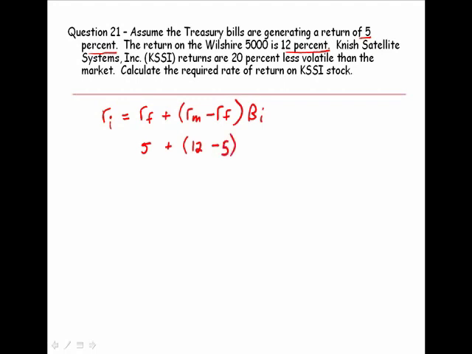And our beta is going to be 0.8, isn't it? Because we are told that the returns of this stock are 20% less volatile than the market. The market has a beta of 1, and so this stock has returns that are 20% less volatile. It's going to have a beta of 0.8. This generates for us a required rate of return of 10.6%.